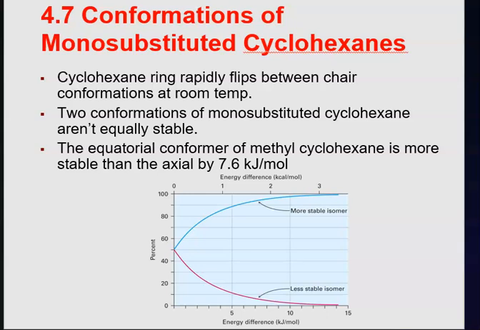Now let's talk about the stability of monosubstituted cyclohexanes. Cyclohexane rings rapidly flip between chair conformers at room temperature, as we saw. But both the conformers may not be equally stable. One conformer is more stable than the other, and the more stable conformer is always the one where your substituent is on the equatorial position, favorable by 7.6 kilojoules per mole.